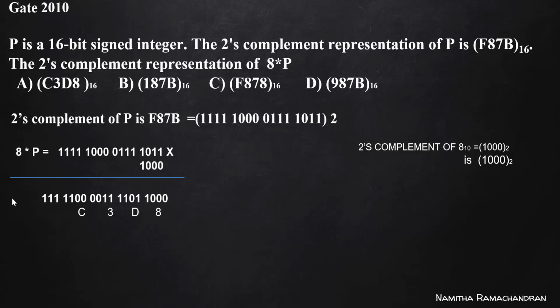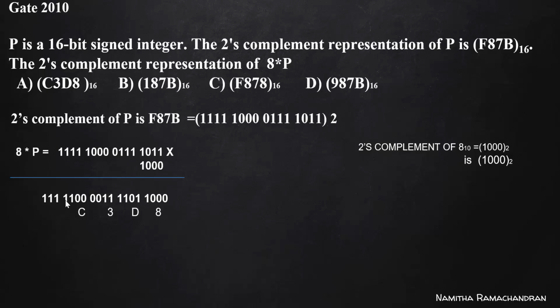It will not change the value of that given number. That means appending 1 means the number is already negative. In that case, the MSB bit become 1 in 2's complement representation. In that case, we can append any number of 1 to the left side. It will not change the result.